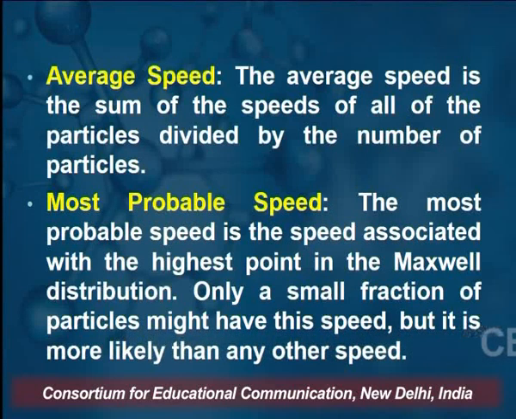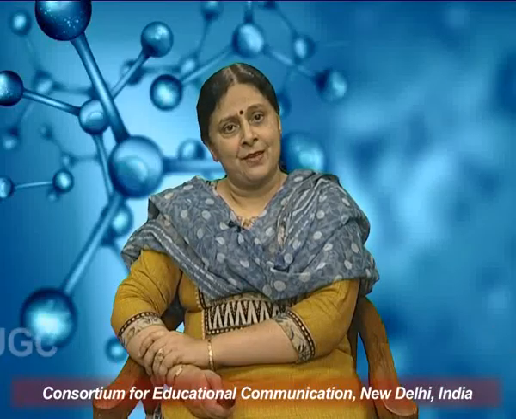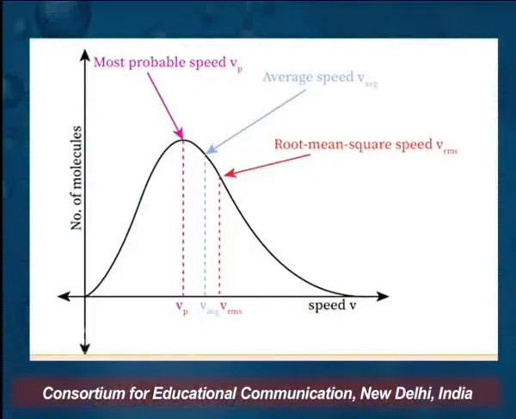What is the most probable speed? The most probable speed is the speed associated with the highest point in Maxwell's distribution. Only a small fraction of particles might have that speed, but it is more likely than any other speed. This graph is showing the variation of the number of molecules with speed.